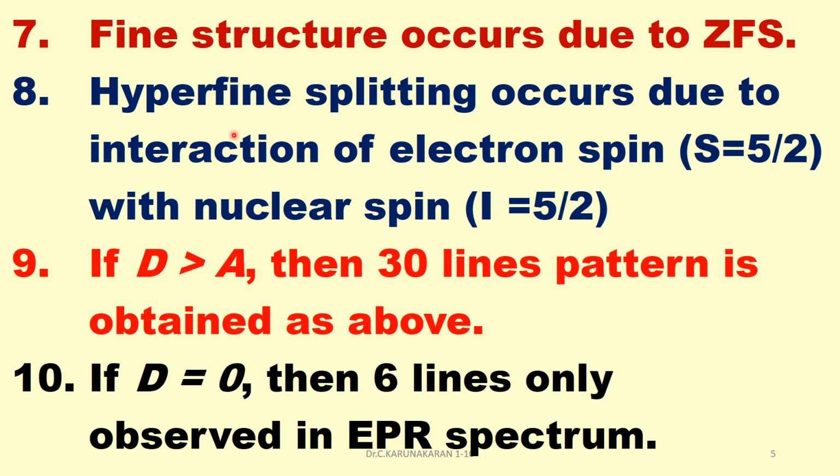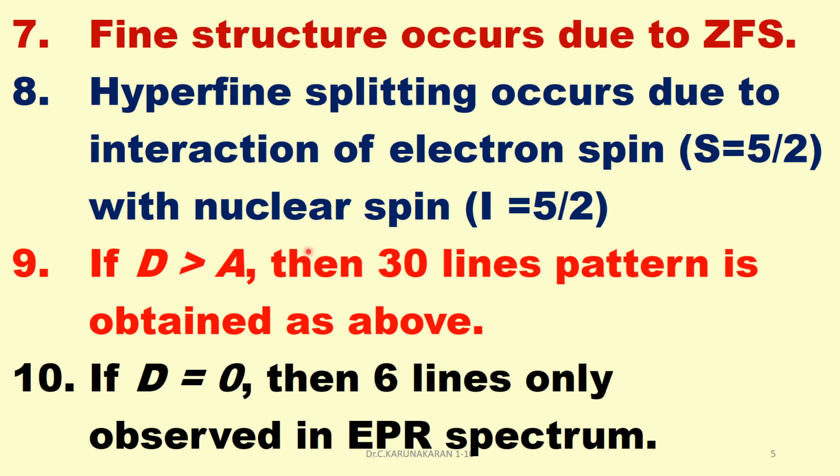On the other hand, hyperfine splitting occurs due to the interaction or coupling of electron spin with the nuclear spin. In the manganese 2 plus, the zero field splitting is very much greater than A. Then 30 lines are observed in the EPR spectrum of manganese 2 plus.